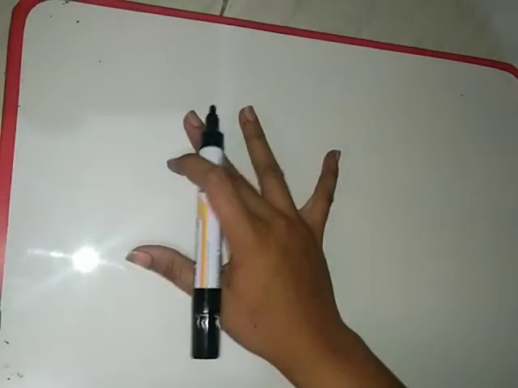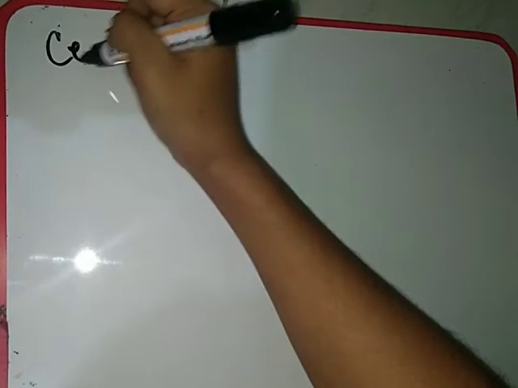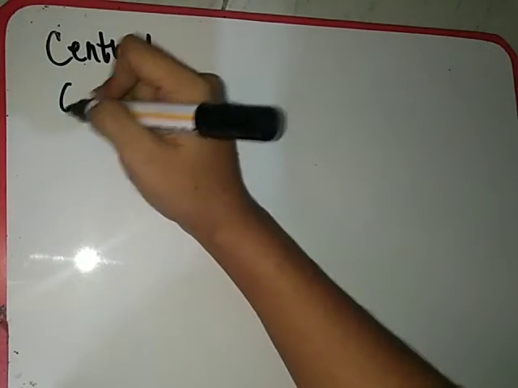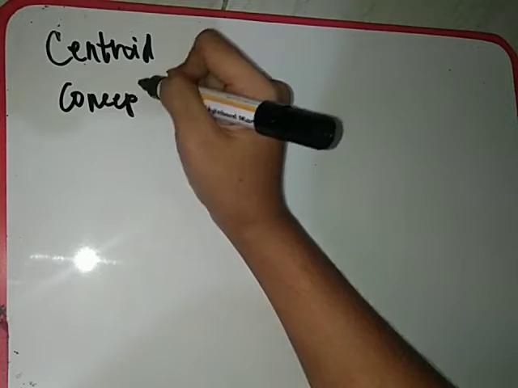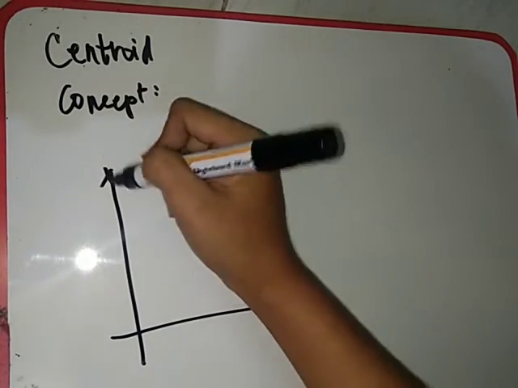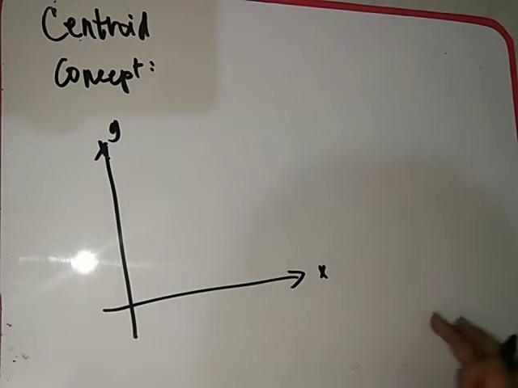So the next topic is the centroid. So the concept of centroid is this: we have the y-axis and the x-axis.